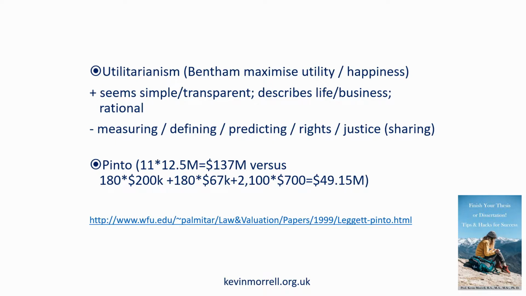And then the number of people who'd suffer injuries that were minor, 2,100 times 700. And then figured out that the cost of the lawsuits and being prosecuted was around $49 million, whereas to fix this on all of 12.5 million vehicles would cost $11 each, or 137 million.